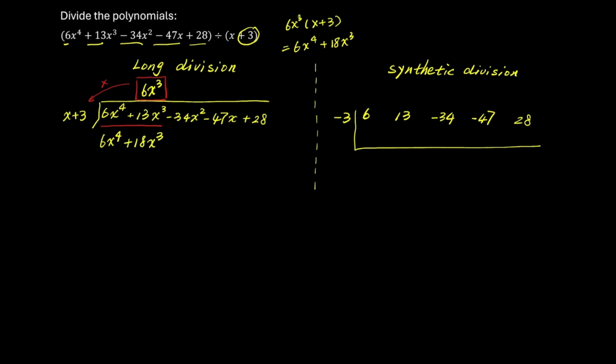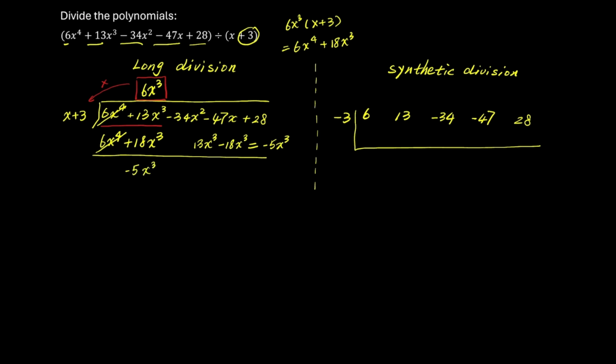Now as we subtract these two expressions, as expected, the 6x to the power of 4 terms are eliminated. And for the x cubed term, we have 16x cubed minus 18x cubed, which gives us negative 2x cubed. So we put that here.